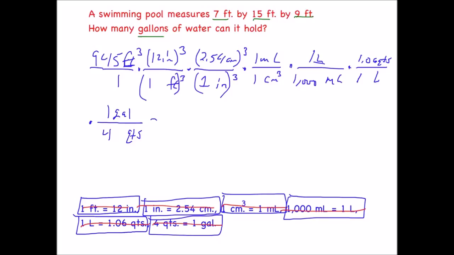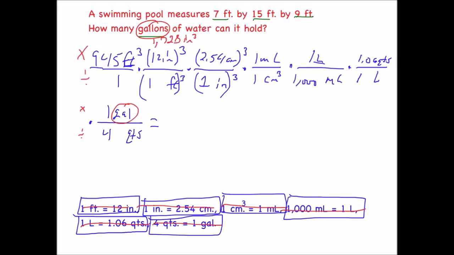Okay, so we ended up in the unit that we were trying to get all along. So that means we're done with the problem. We are ready to multiply on the top and divide along the bottom. Well actually, I think first off what we need to do is go through, and everywhere where we have these parentheses with an exponent, we need to figure out what that number is equal to. So let's see here. 12 times 12 times 12 is going to be 1,728 inches cubed, right?